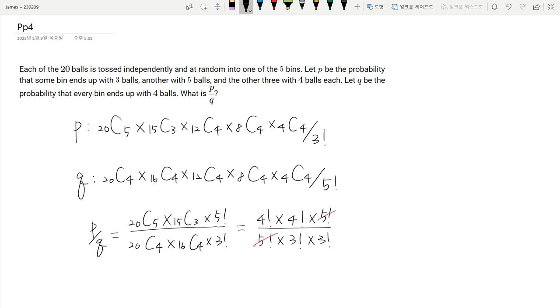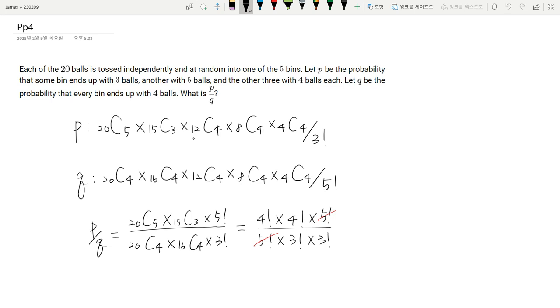So in the case of P, to make the bin of 5 balls, we pick 5 balls out of 20. So the choice is 20 C5. In this case, the C is called combination. Permutation, combination.